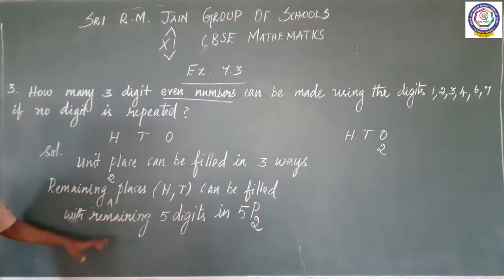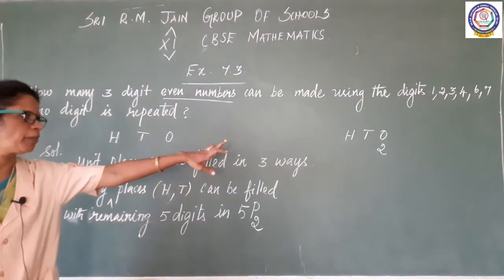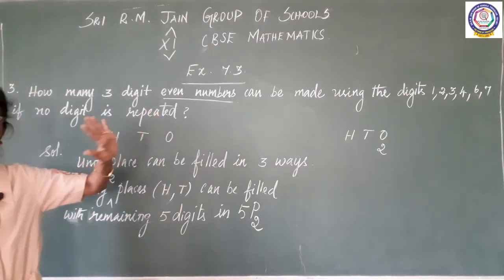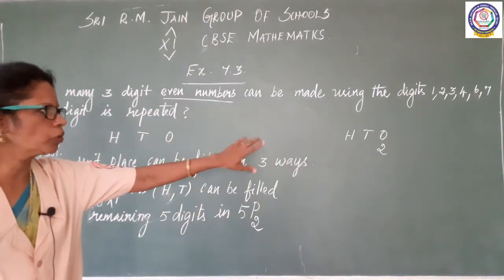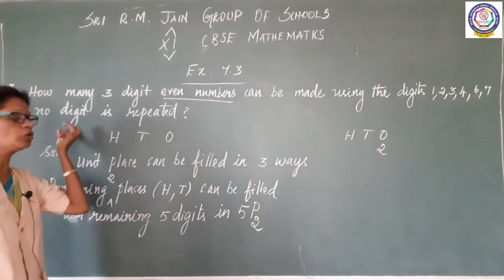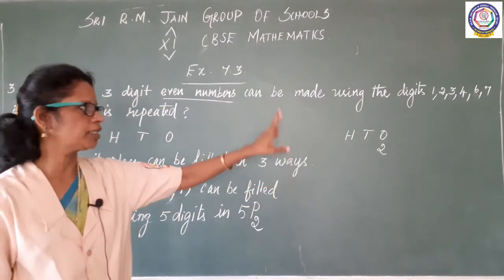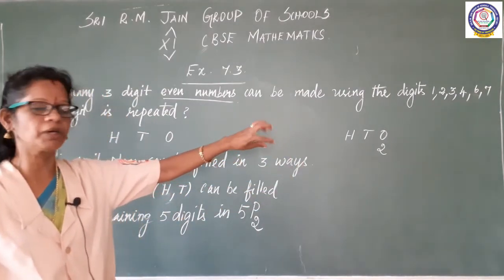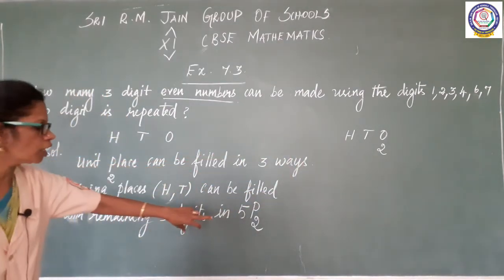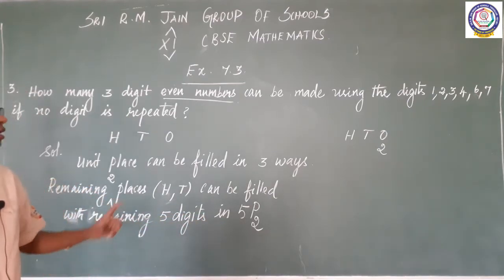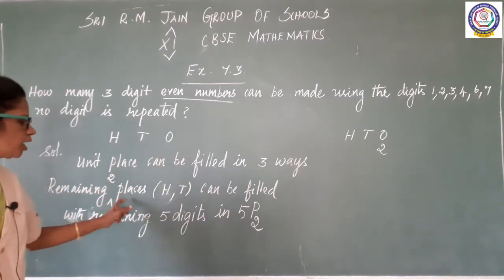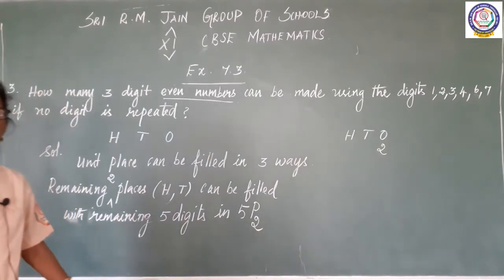Got it, children? One's place is occupied by 2. That means the rest of the numbers is only 5. Because 2 you cannot select again. Why? No digit is repeated. So, once 2 is fixed in the unit place, you have to cancel. The rest of the numbers is 5. In that 5 only we are going to select how many? Hundreds and tens. So, 2 places can be filled in 2 ways.